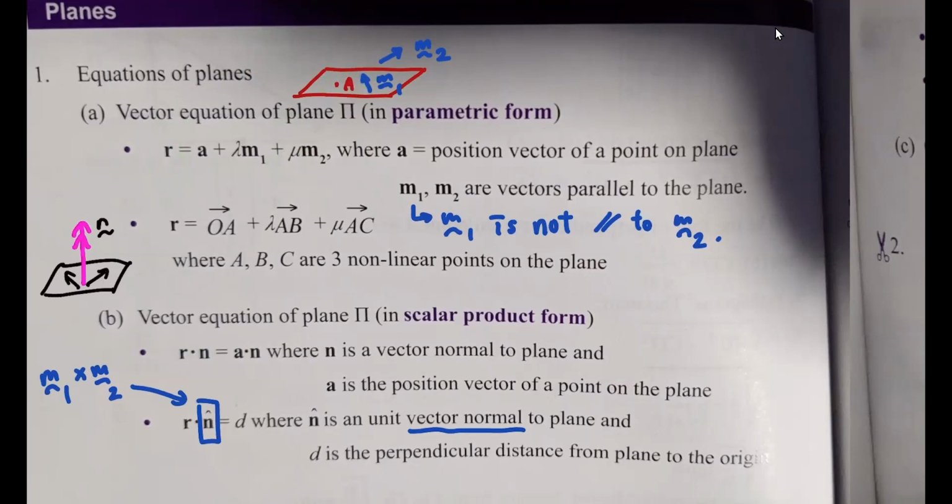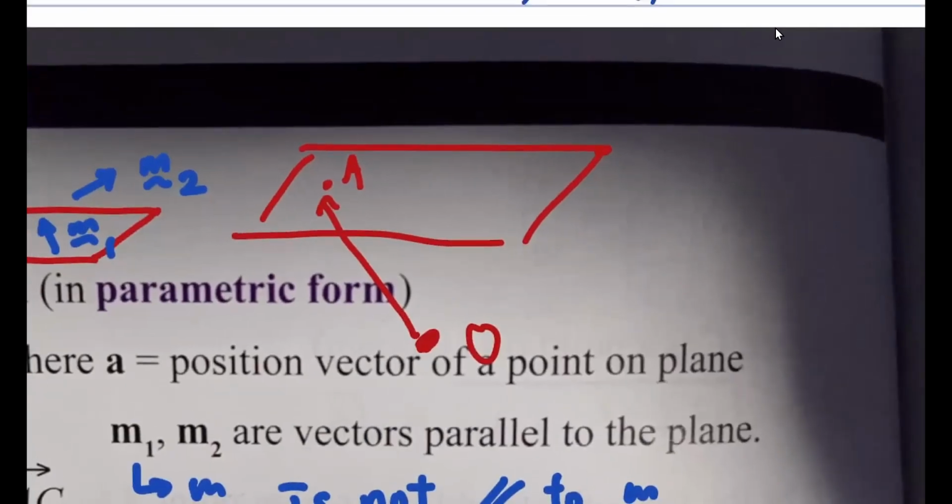You start off with the origin, and then you move towards a point on the plane, point A. Then how do you reach the other points? Let's say you have another point here, P1. How do you go from point A to point P1? You just add on AP1.